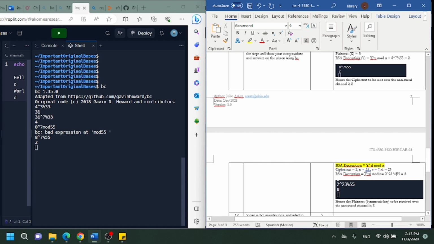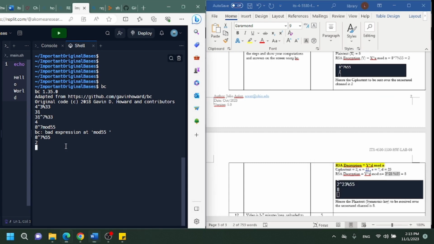So in decryption, we take Y, which is the ciphertext, to the power D, which is the private key we have been given over here, modulus N, which we already know. Once we put this into place and paste it in Replit with the BC calculator, I'll calculate that. And here we are, we got the 8 back.